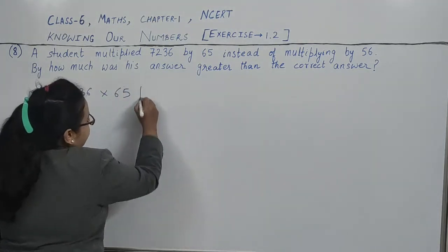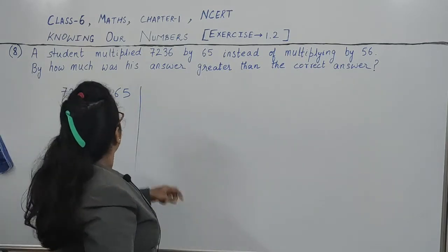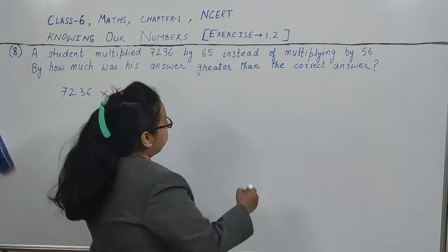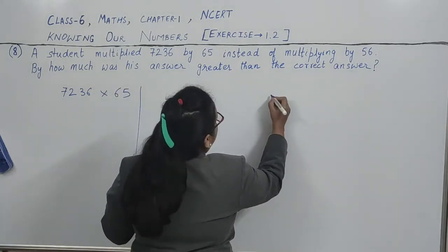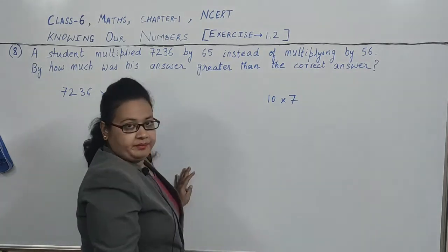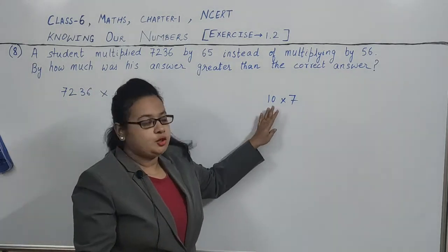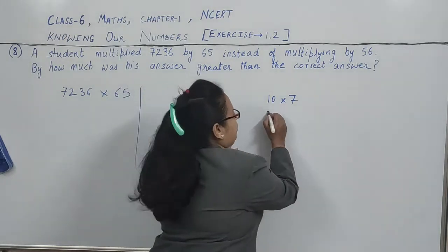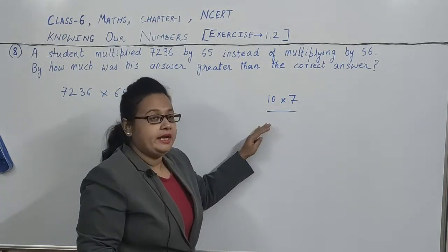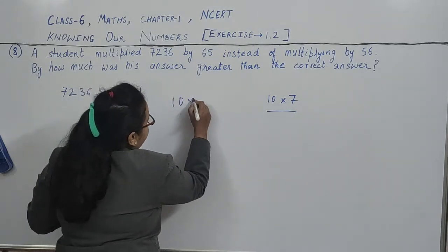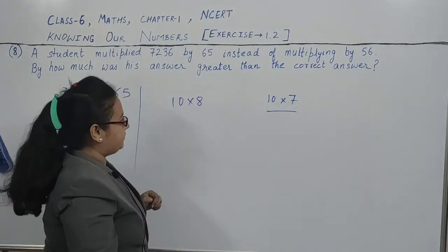Now I will give you one example. Suppose I tell you to multiply 10 by 7. So you should do this. But what you did, instead of multiplying by 7, you multiplied it by 8.